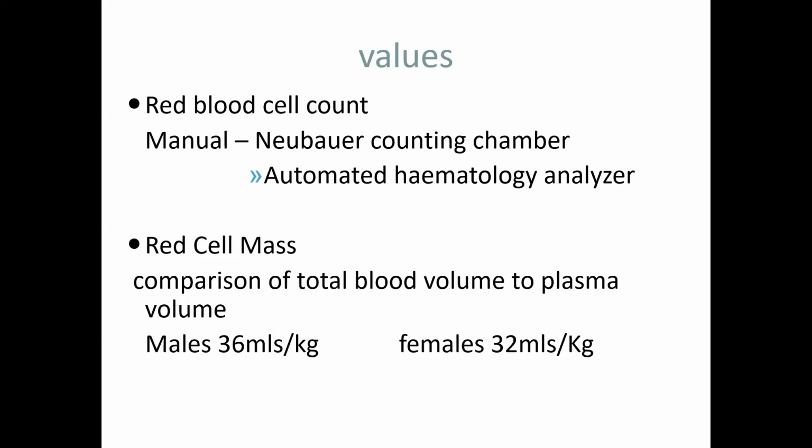It's different from the red cell count, because red cell count only counts those cells that are in circulation, whereas red cell mass will also look at red cells that may be in organs, etc. In males, it's about 36 mL per kg, and in females, it's less, about 32 mL per kg, okay? So that is red cell mass.